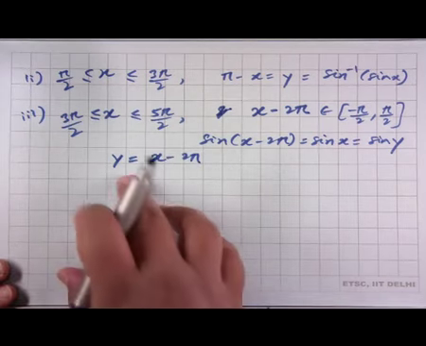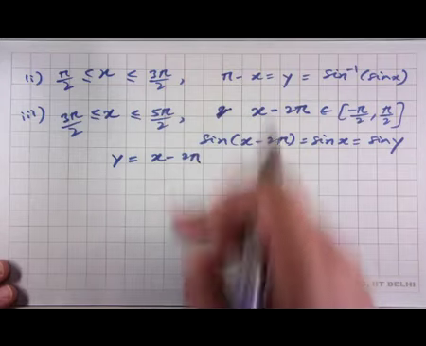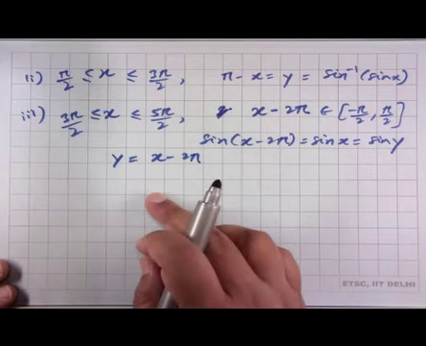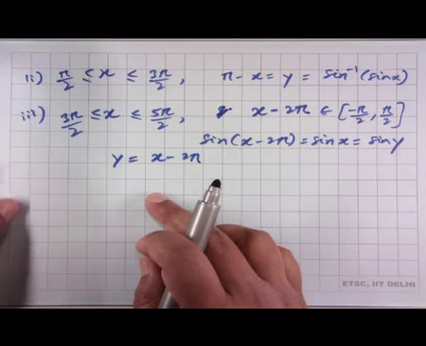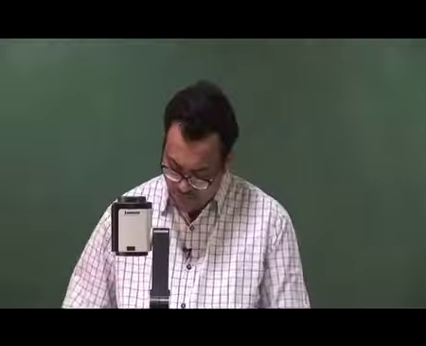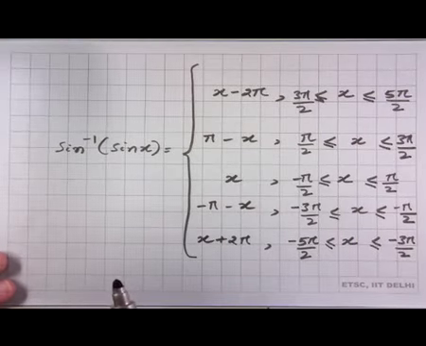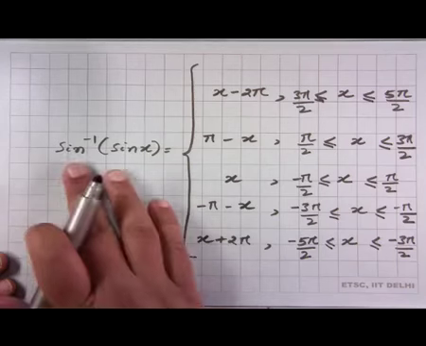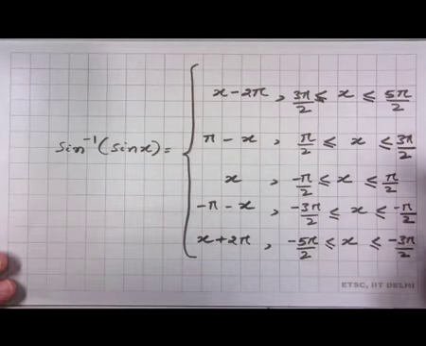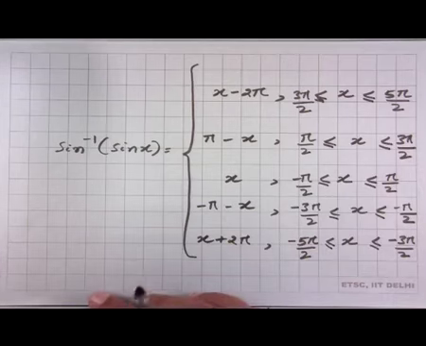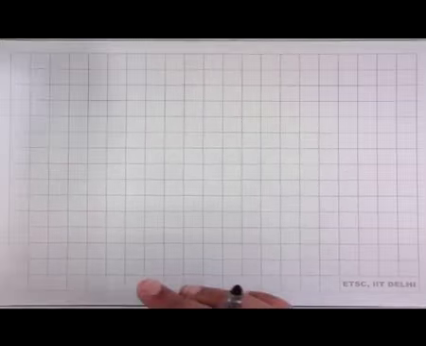And a similar kind of argument can be done for the negative x, and after all this effort, what we are going to get is that for x between minus 5 pi by 2 and plus 5 pi by 2, this is how sine inverse of sine x is going to look. And then we plot this exactly.